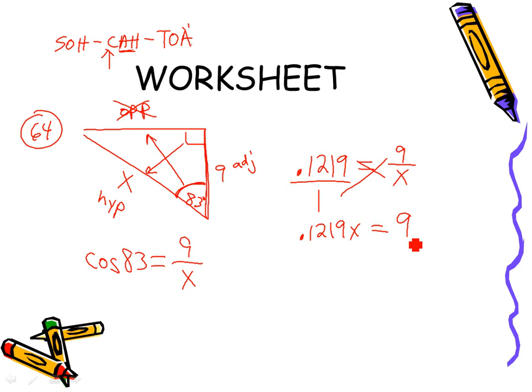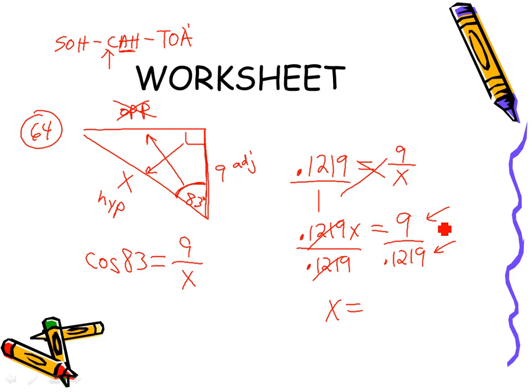equals 9. This one's got an extra step on it because of where the variable was, because the other one had a 1, so we didn't really need to divide by 1. This one we have to divide by that. These cancel. Something you got to remember when you're dividing with these decimals, if you're dividing by something that's less than 1, your number should get bigger.